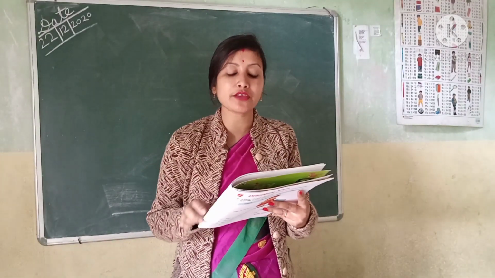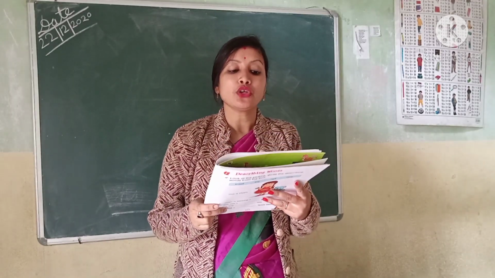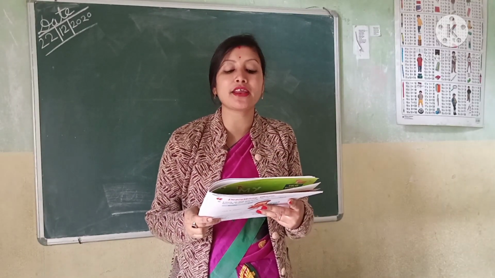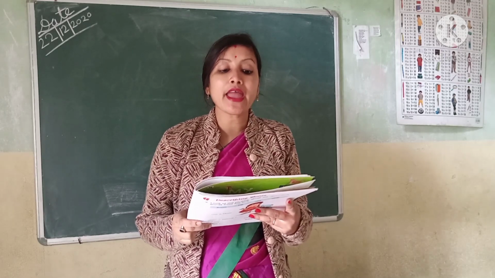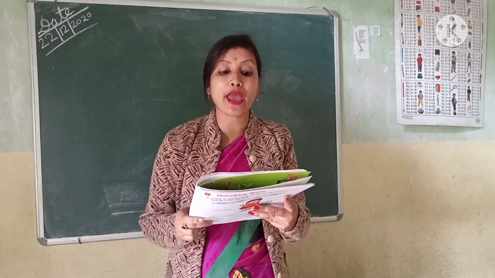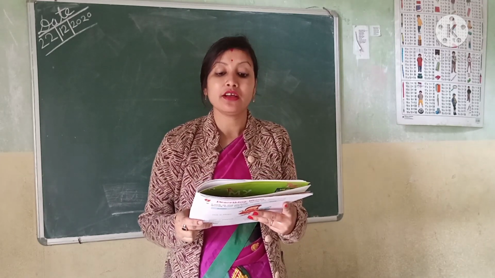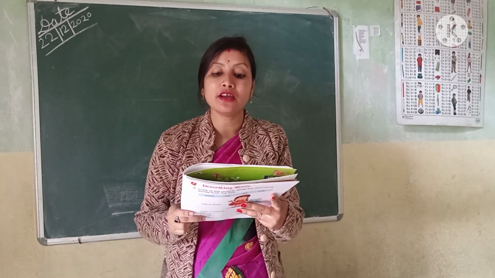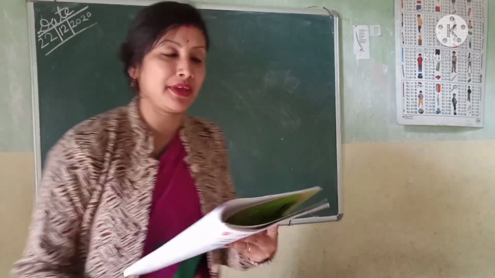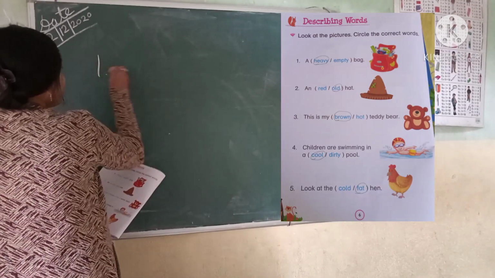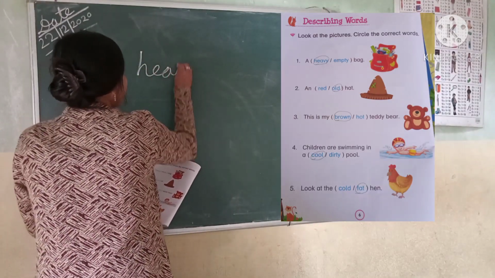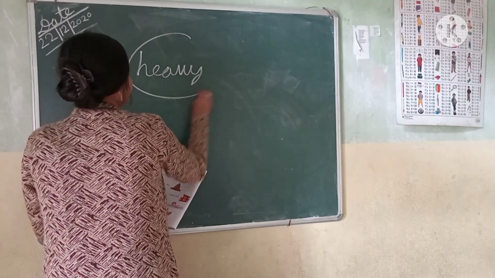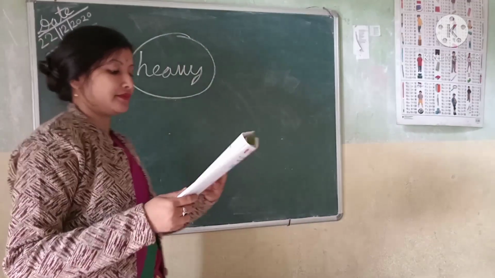Here some pictures are given and some words are given. So you have to circle only the correct word. A heavy or empty bag. See the picture of the bag. Is the bag heavy or empty? Heavy. So circle heavy. Number 1. H-E-A-V-Y. Heavy. The bag is heavy.